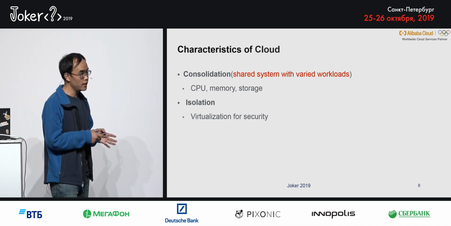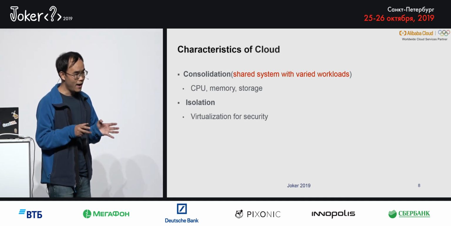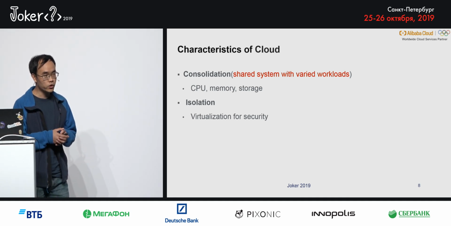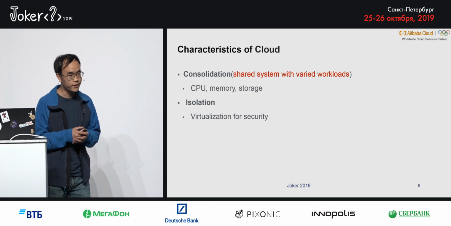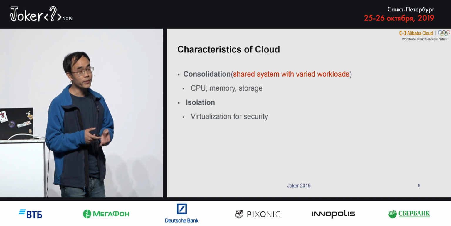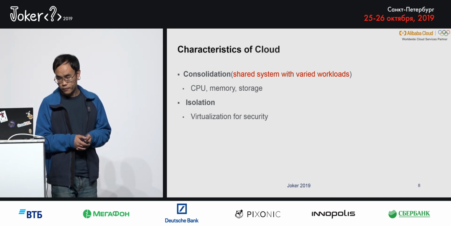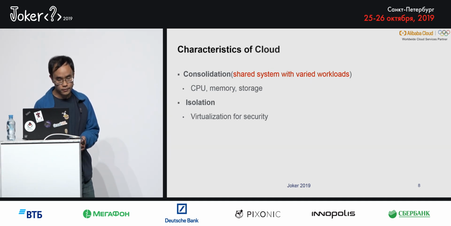But on the other side, most workloads are isolated using virtualization technology. For example, maybe your application runs on top of a virtual machine, maybe inside Docker. So this is some background.